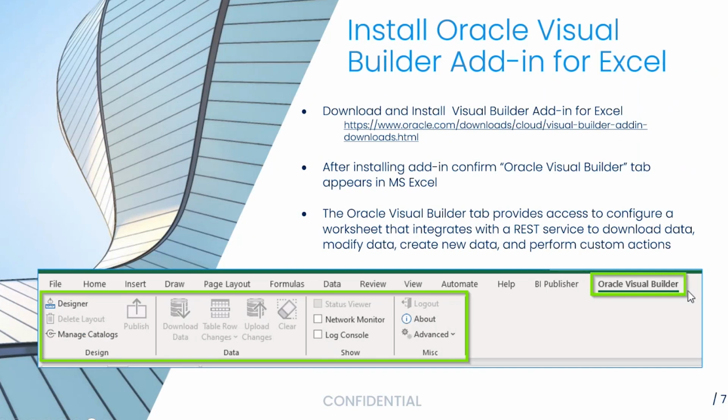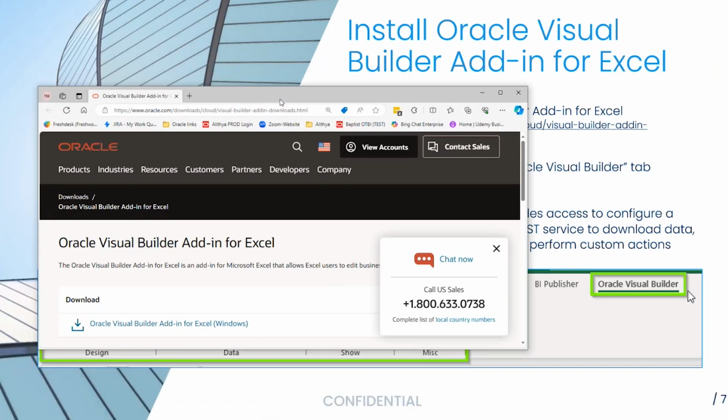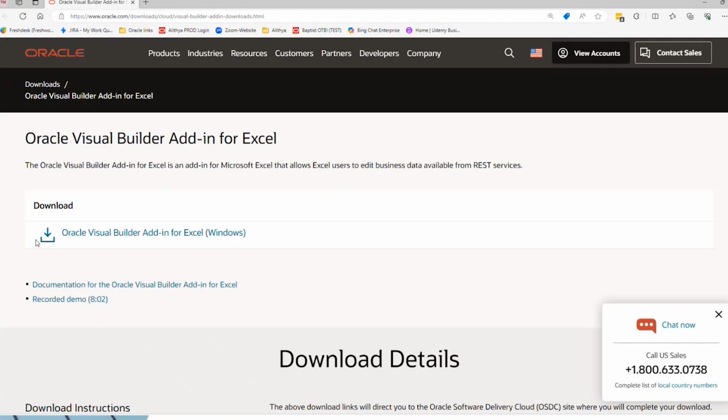Here I've provided the download link for getting the Visual Builder tool. When you click on that link, you're going to come to the download page, and you'll be able to download the tool to your machine using this particular link.